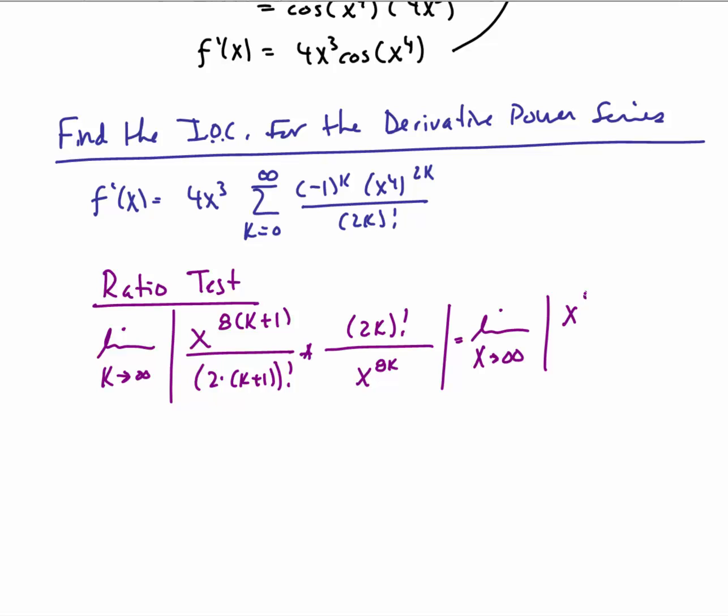So this would be x to the 8k times x to the 8th, because we would distribute the 8. Now 2 times k plus 1, it's the quantity k plus 1, so this would be 2k plus 2 factorial, 2k quantity factorial, all over x to the 8k, and then we want to start simplifying from there. Now the easiest part here would be x to the 8k.